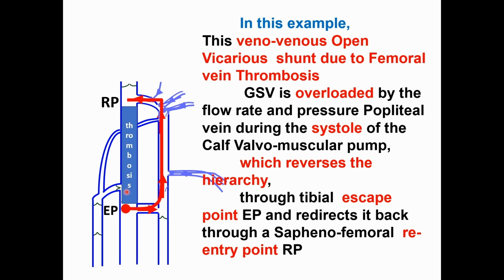Thrombosis of the femoral vein. This is an escape point from the popliteal vein through a tibial perforator, for example, without any reversed direction, but direct direction, there is an overload of the great saphenous vein here with the reentry back in the common femoral vein.